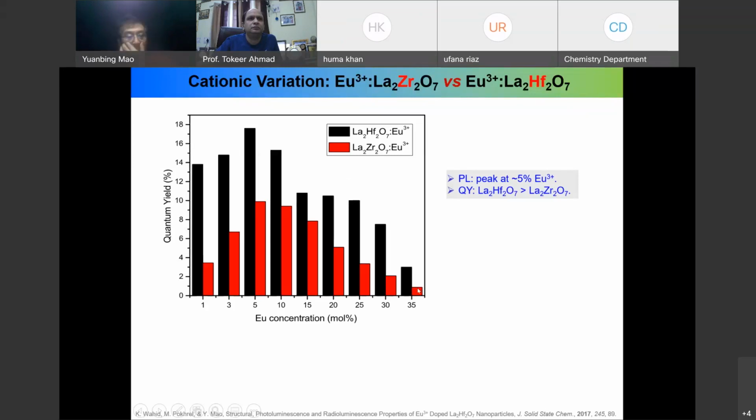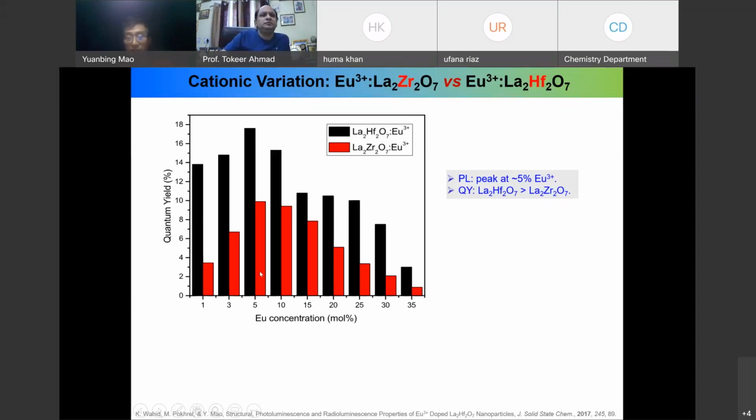That's pretty consistent with the literature for europium doping levels. Beyond 5%, we normally see concentration quenching. Another interesting observation is when the host is lanthanum hafnate, the quantum yield is always higher than when lanthanum zirconate is the host, right?